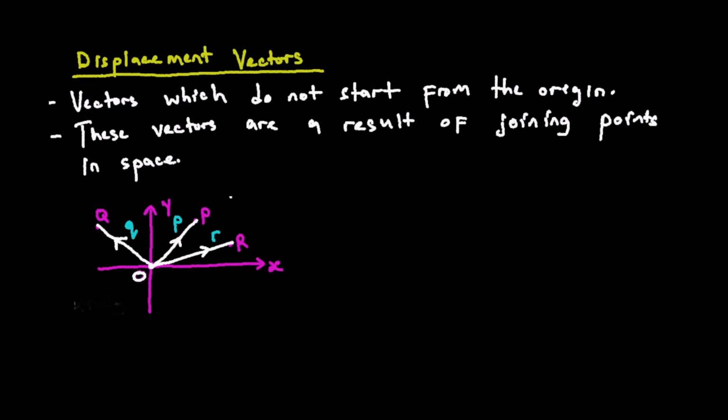So let us say we join these 2 points. We join P and R, like this. So we want to know what the displacement vector PR is. That is now what we want to learn.